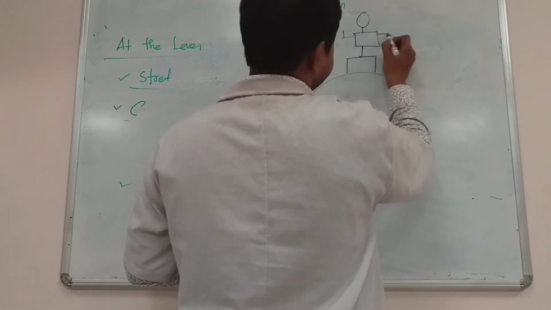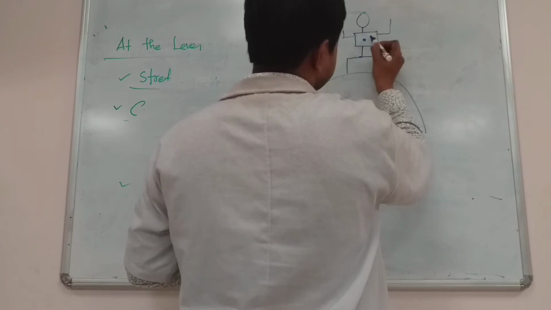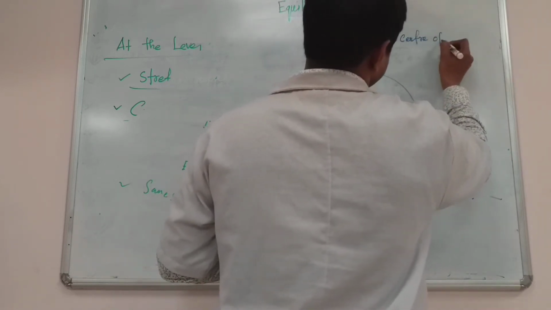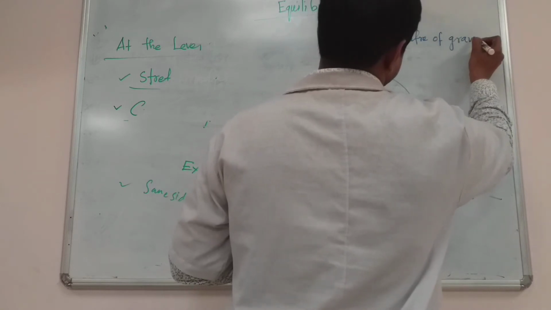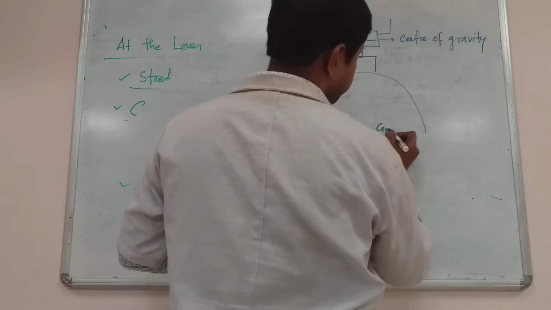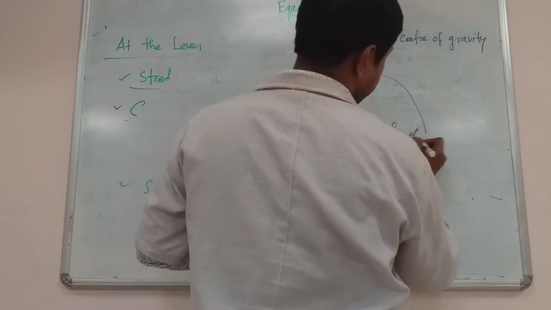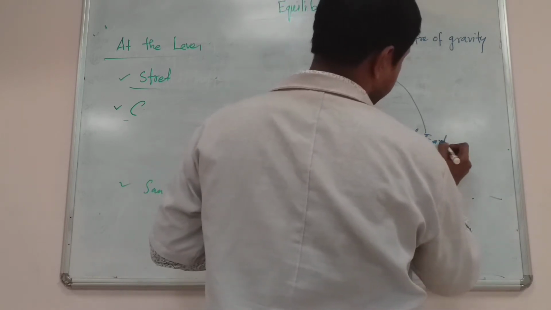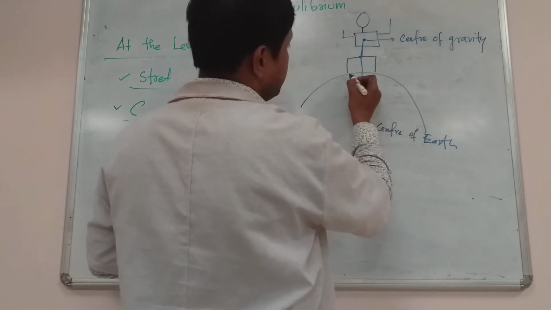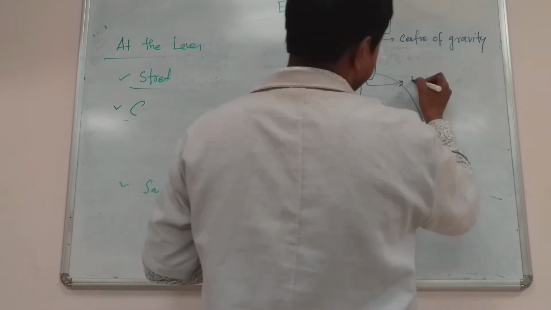This is the hand. So this is the center of mass, center of gravity. And this is the center of Earth. If we join this line, it should pass through the base.